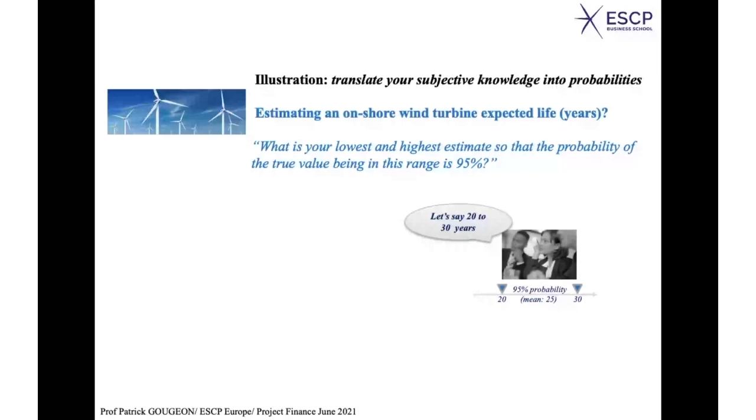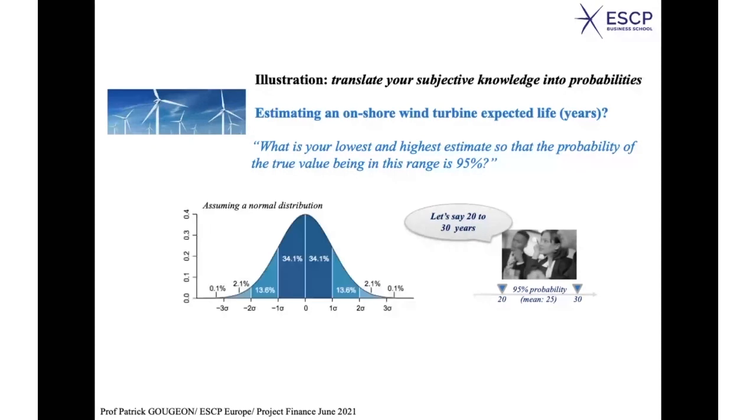So now, again, I will ask you to remember the properties of a normal distribution, which you have studied with Chan. Okay, so you see this is the famous bell curve. Why are we going to use it? Because it's very convenient here, as you see.